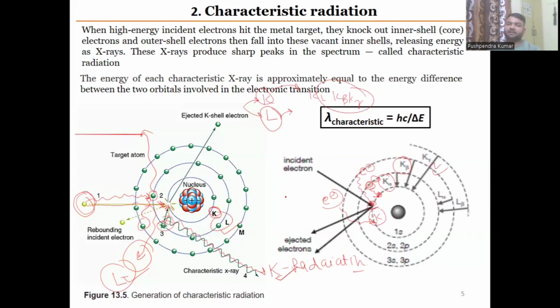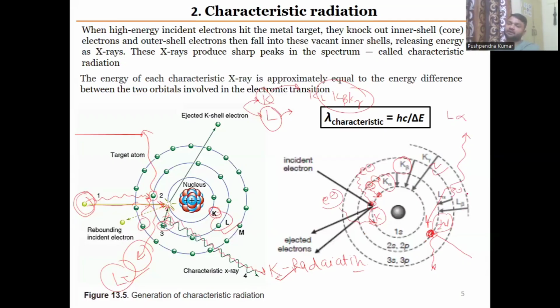Similarly, if the incident electron knocks out the electrons present in the second shell, the L shell, and creates a vacancy, and a third energy level electron goes into the vacancy, then the radiation generated is known as L alpha.